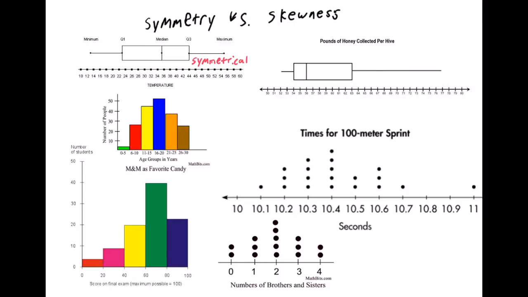So when you have these random data points that are few and far between on one side, that is the way it's being skewed. So in a box plot, when it's being pulled more to one side, we say that it's skewed to that side. So this one is skewed to the right.